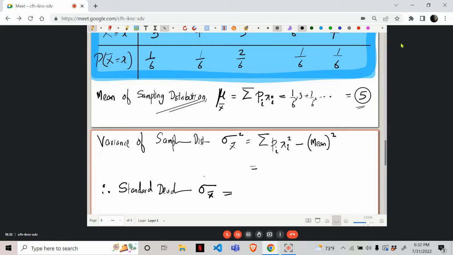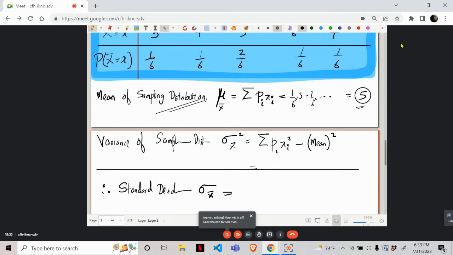Five by two. I don't know. Let's see. What's the value? Someone tell me. What is the variance? 5 by 2. Five by three. I bet you. 5 by 3 will be.